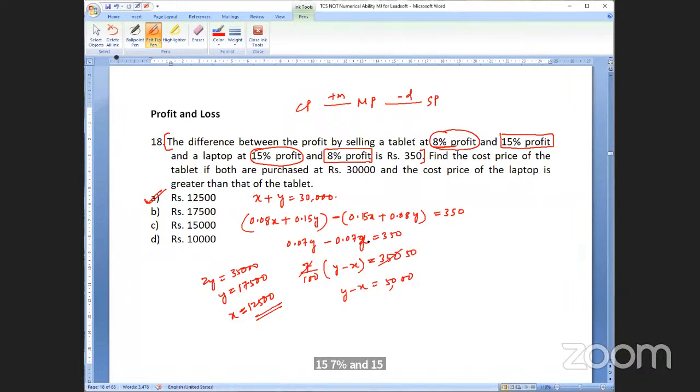So 7% of the difference is 350. So the difference between the prices of those will be 350 by 7%. That becomes 5,000. So we need to use these. x plus y is 30,000. y minus x is 5,000. Solve it. Price of laptop will be 17,500 and price of tablet would be 12,500.